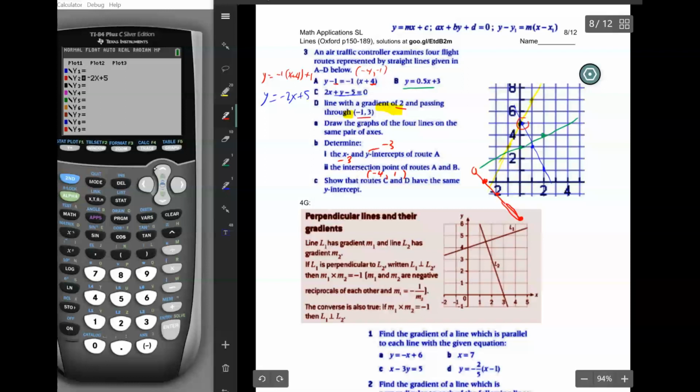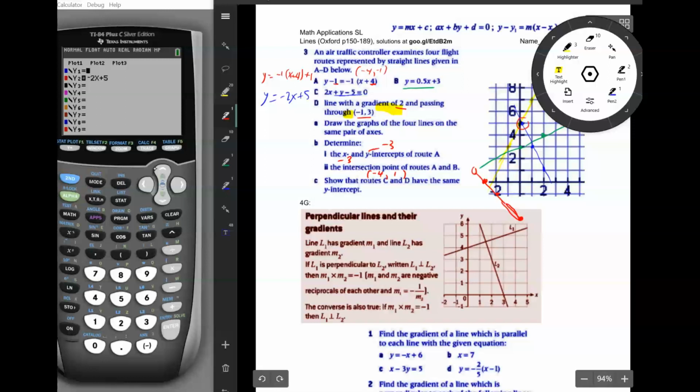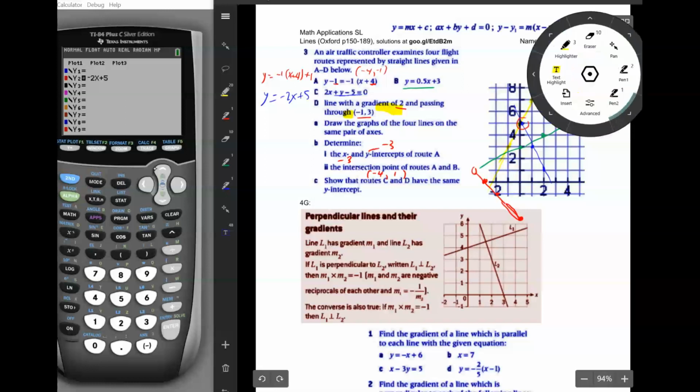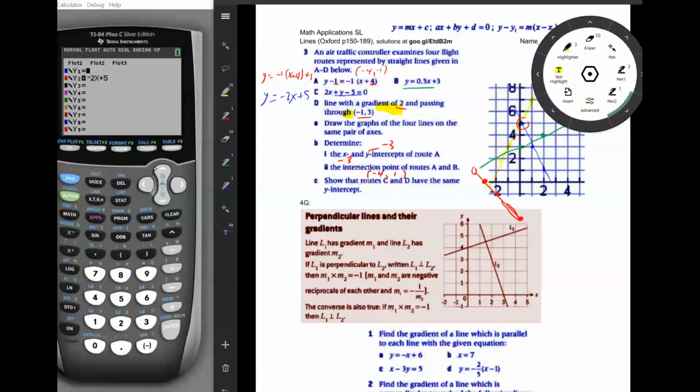So we would write that as, let's do black pen, y minus 3 equals 2 times x minus negative 1, which is x plus 1, okay?